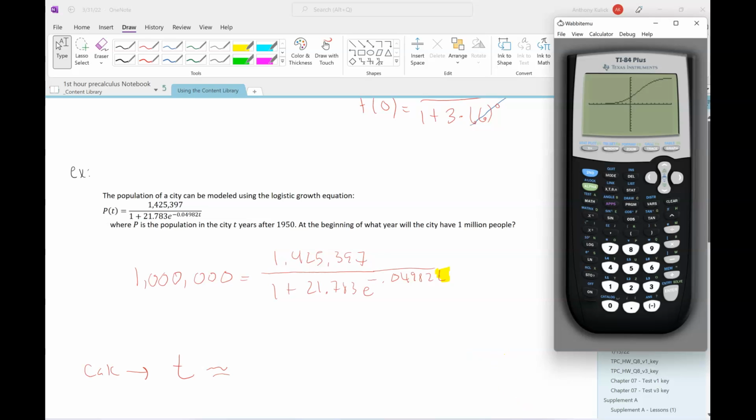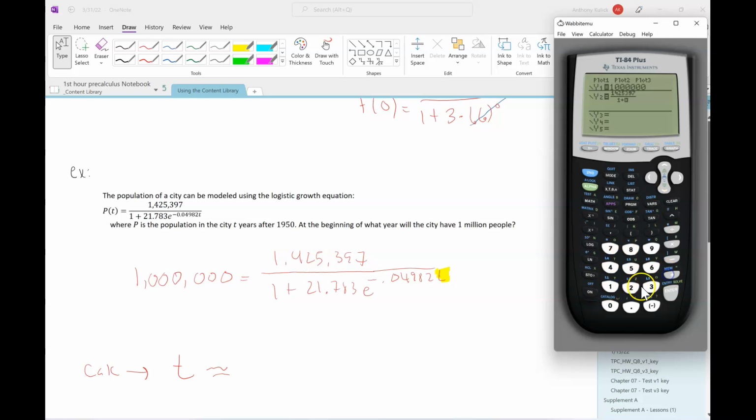We'll do this the same way, so we'll just type this into our calculator. I'm going to clear out the thing that I had in there. In Y1, I'm going to type in that 1 million, so 1 followed by 6 zeros. Into Y2, I'm going to type in my right-hand side. So I have 1,425,397. That's apparently the upper bound of the city. It's pretty precise.